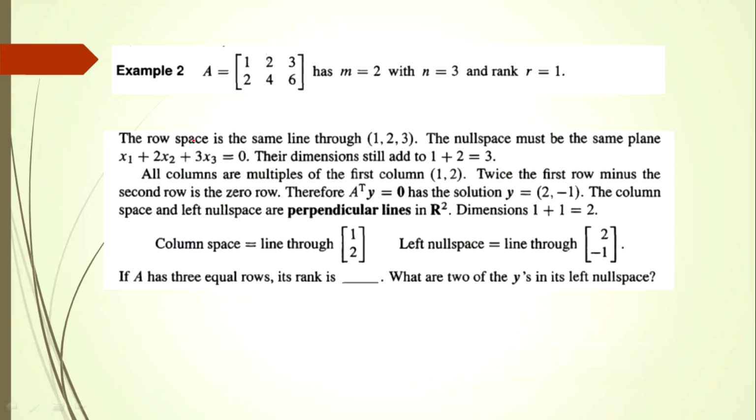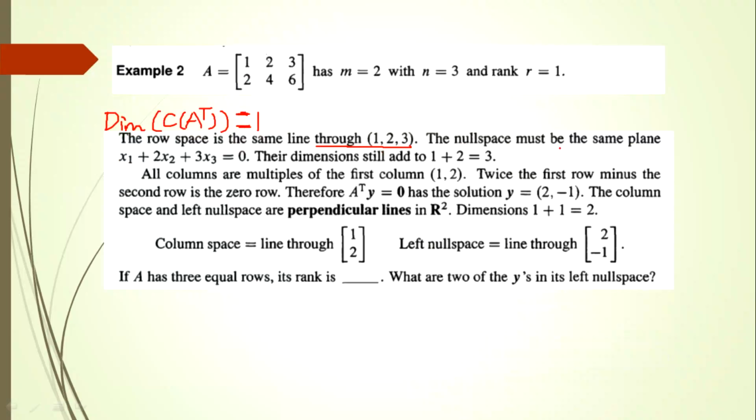So the row space is the line through 1, 2, 3, right? Of course, the dimension of the row space is the rank, 1. That is a line in R3, because it's a subspace in R3.